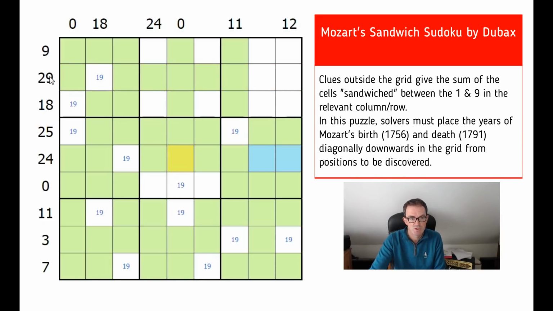Minus 29, which is what I need to have sandwiched between the 1 and the 9, gives 6. So how can I make 6? Well, this square could just be a 6. Or, if this square is a 1 or a 9, these 2 squares would have to add up to 6, which is also possible. The 24, though, that means that square is a 1 or a 9, doesn't it?